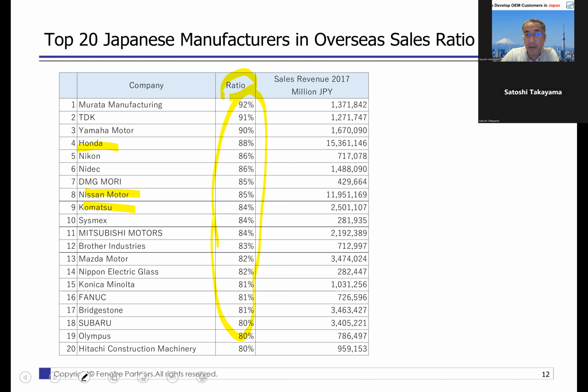This is the reason why many big Japanese manufacturers are growing while our domestic market is shrinking. So when you plan your market entry into Japan, I recommend you focus on your potential customers' growth and business size. But you don't need to pay attention to the domestic economy, in the case you are focusing on selling to big Japanese manufacturers.